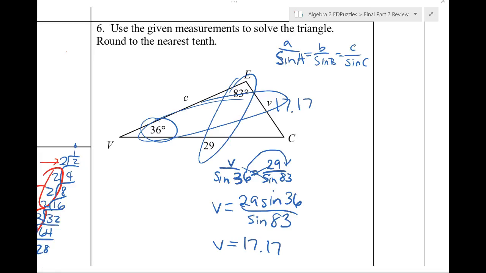We need to find not only that side, v, but we need to find side c and angle c. Okay, so we don't know either of those. But I can find angle c because I know the inside of a triangle adds up to 180. So basically I'm going to do 180 minus the other two angles, 83 plus 36.